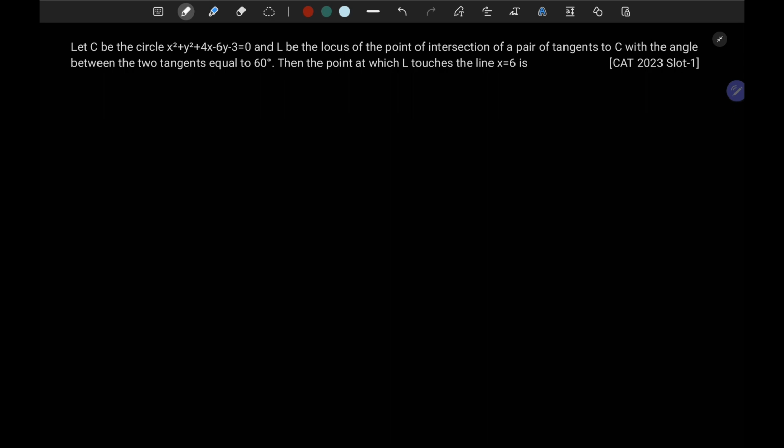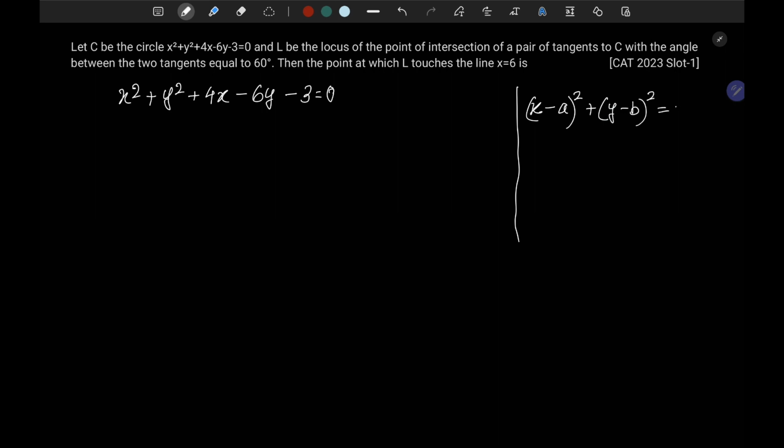First let's understand how we look at an equation of a circle on the xy plane. Here the equation is given by x square plus y square plus 4x minus 6y minus 3 equal to 0. Now how does a general equation of a circle on the xy plane look? It looks like (x minus a) whole square plus (y minus b) whole square equal to r square. What is the meaning of this on the xy plane?